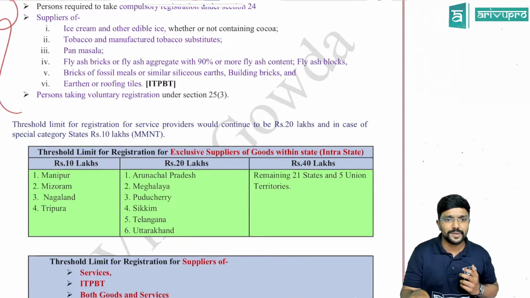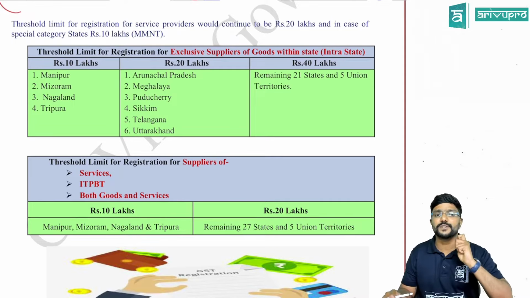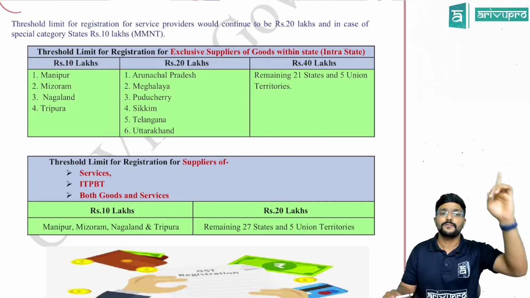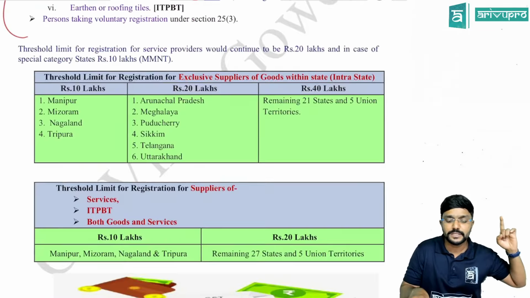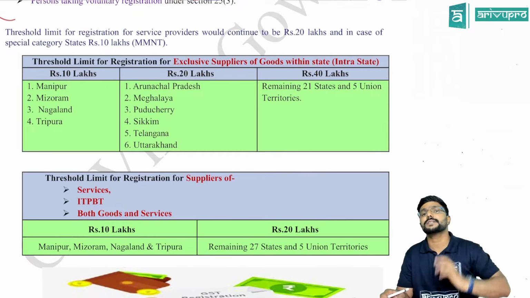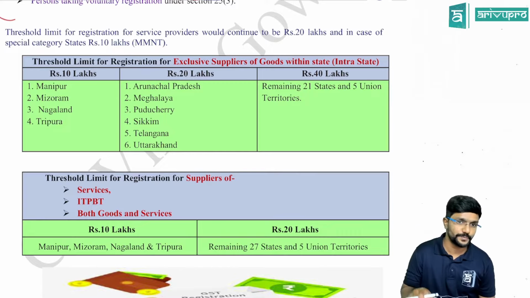Yes. So just to summarize all these limits, it is given here in a table. Threshold limit for registration for exclusive supplier of goods within the state. What is the limit? For MMNT, 10 lakh. For the remaining 6 states, out of these 10 states, it is 20 lakh. Whereas for all other states and union territories, it is 40 lakh for exclusive supplier of goods.